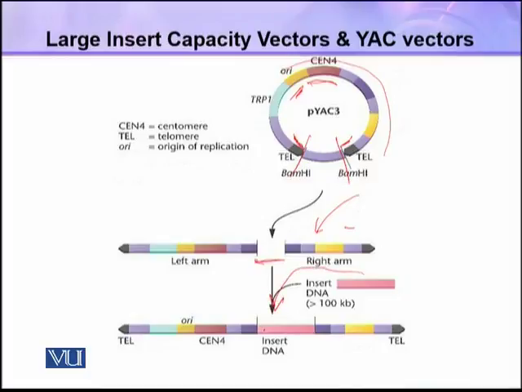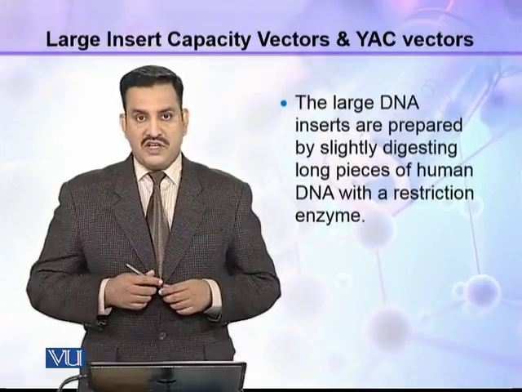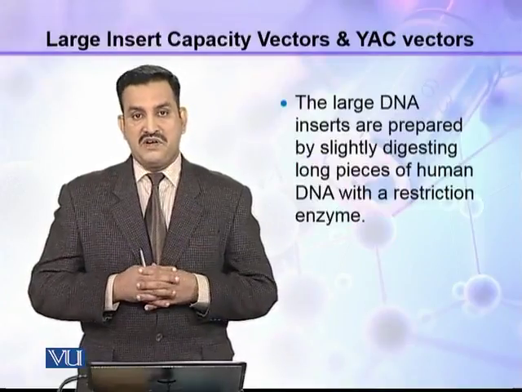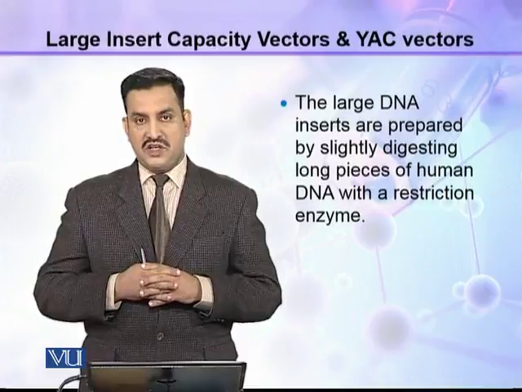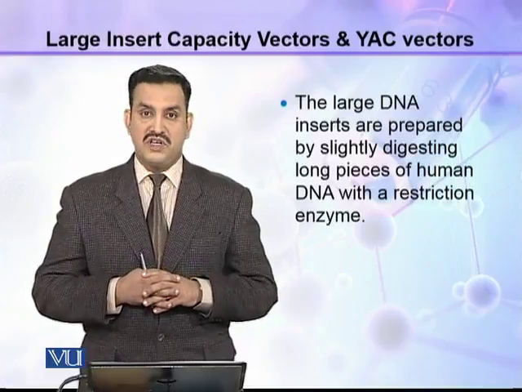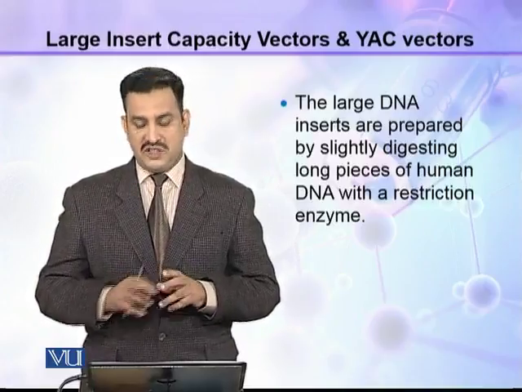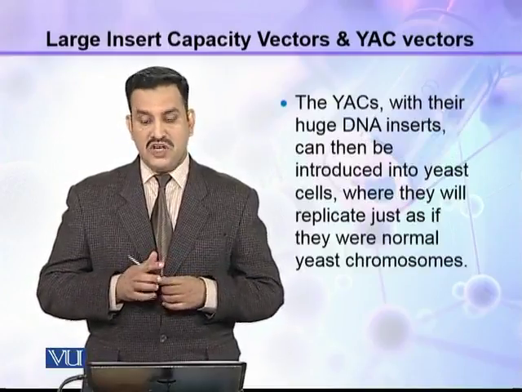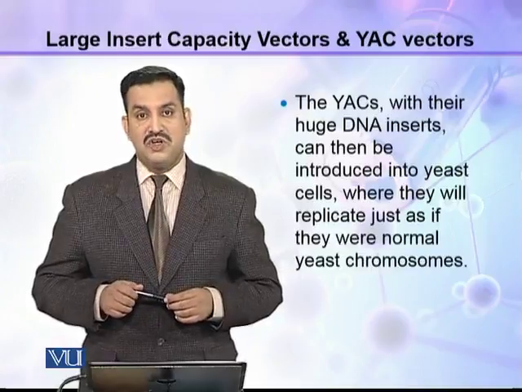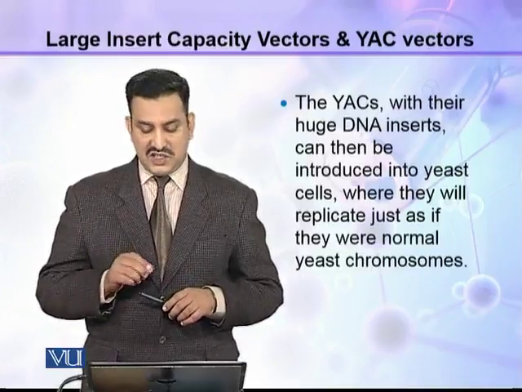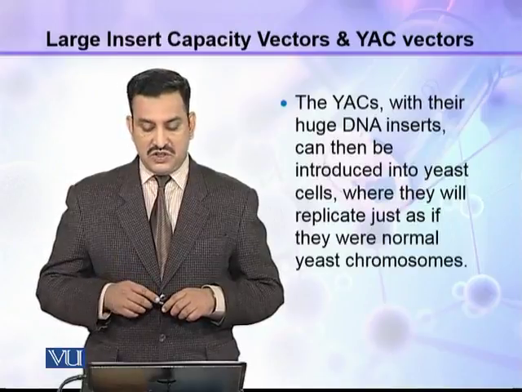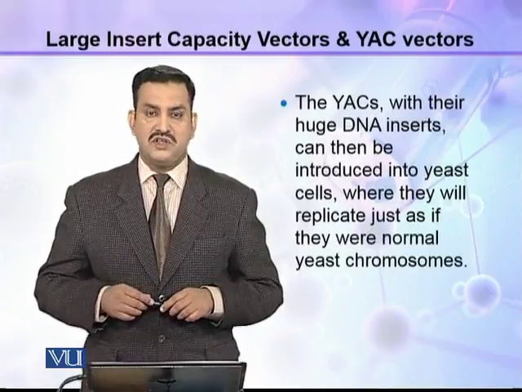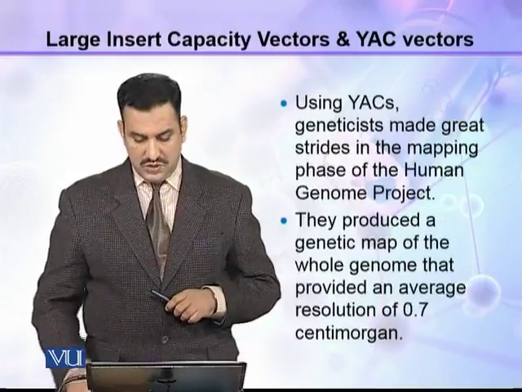So after addition of a foreign DNA, it will become like this. The large DNA inserts are prepared by slightly digesting long pieces of human DNA with a restriction enzyme. The YACs with their huge DNA inserts can then be introduced into yeast cells, where they will replicate just as if they were normal yeast chromosomes.